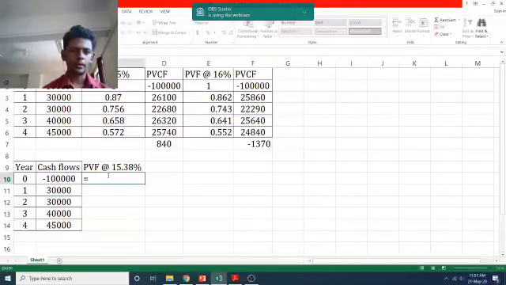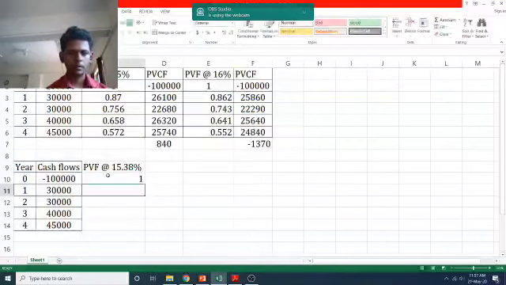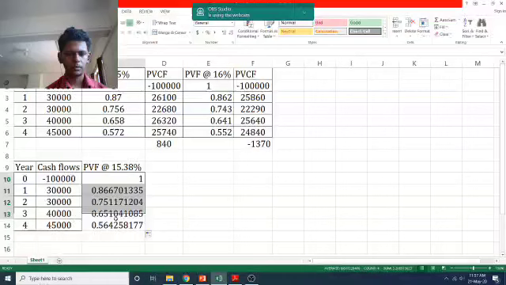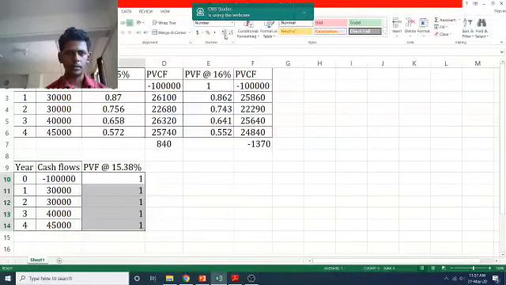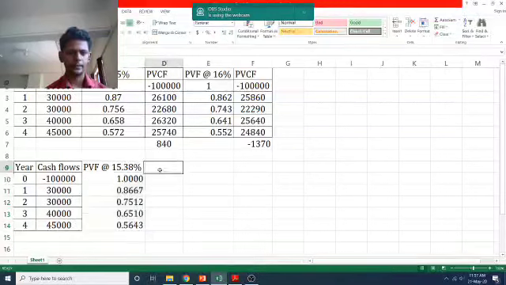How do we calculate present value factor? 1 divided by 1.1538 whole to the power of, I'll make it 4 digits.